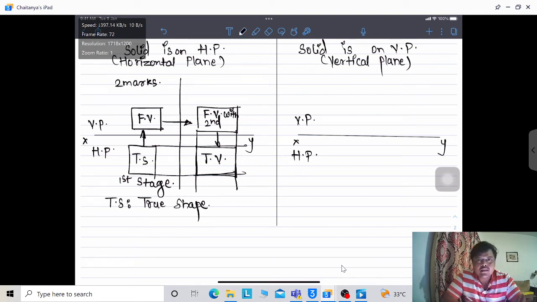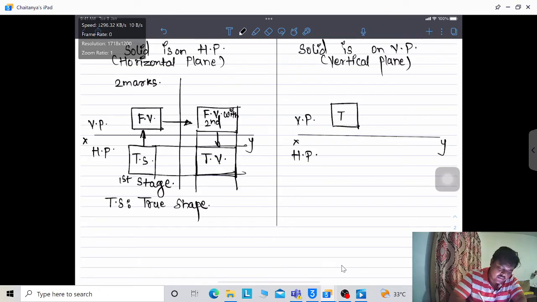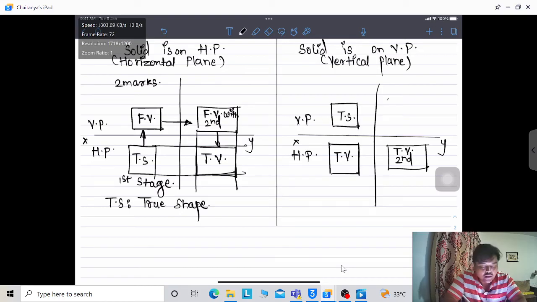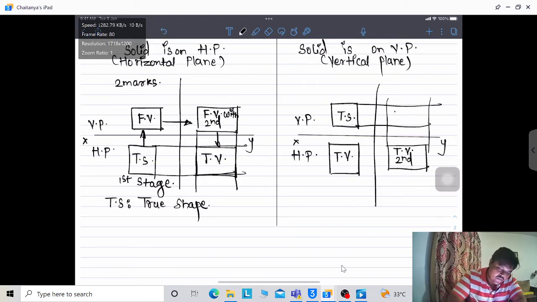ओके, इन केस ऑफ सॉलिड ऑन वीपी, वीपी मतलब ये एक्स वाई के ऊपर रहता है, तो इधर आपका ट्रू शेप आ जाएगा. ओके, एचपी पे प्रोजेक्ट होता है आपका टॉप व्यू, इधर आपका टॉप व्यू आ जाएगा. इधर आप टॉप व्यू को सेकेंड स्टेज का कंडीशन दे दोगे. विद द हेल्प ऑफ दिस प्रोजेक्शन एंड दिस प्रोजेक्शन you will get the front view.